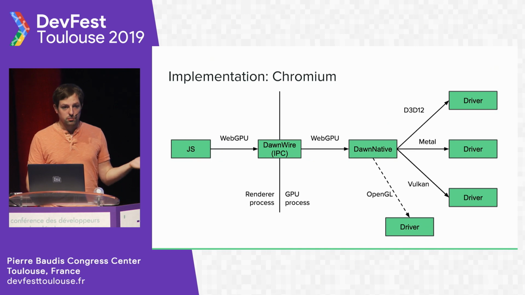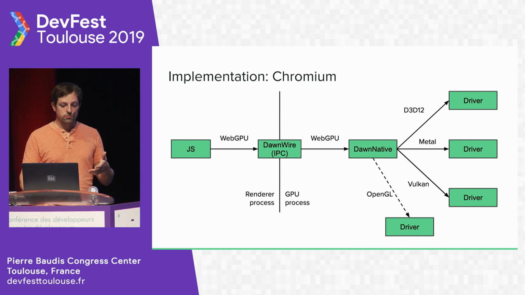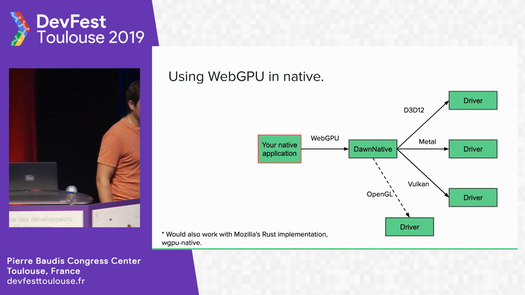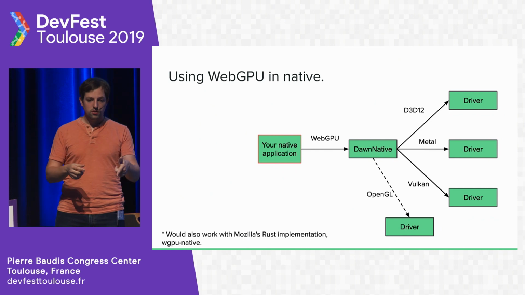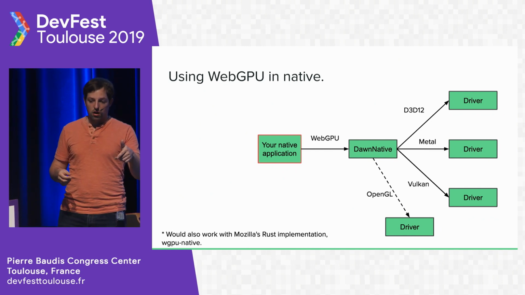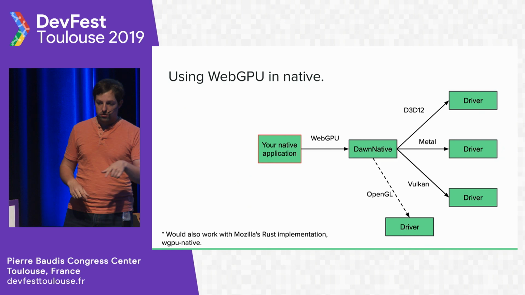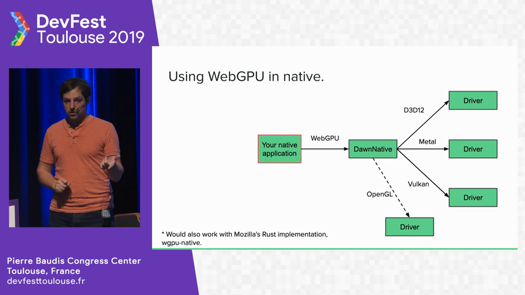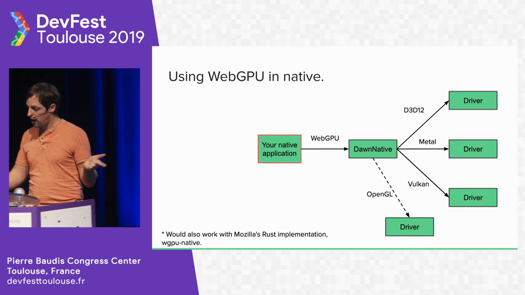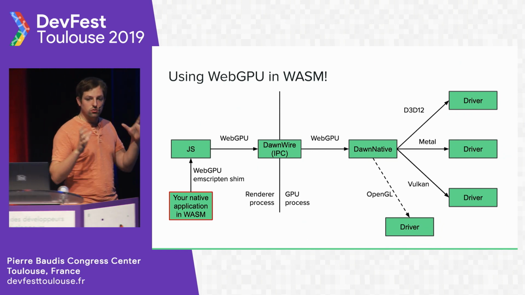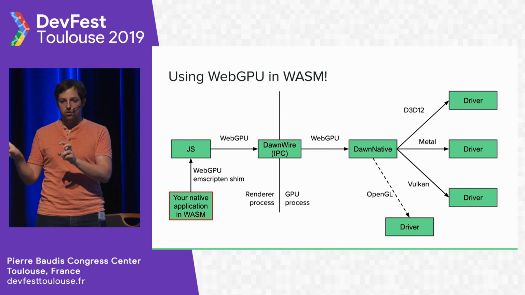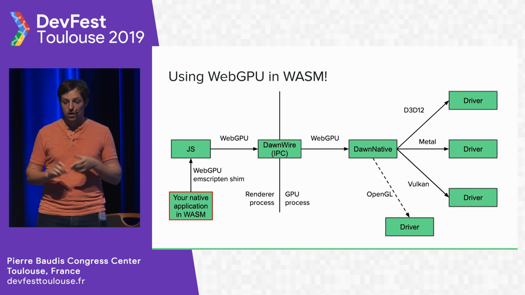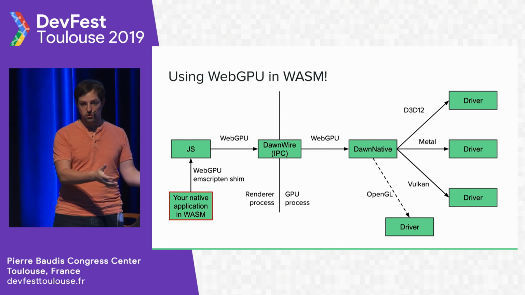So now imagine you're an application and you want to be able to use WebGPU in native. Well, you can just remove most of Chrome and put your application right on top of dawn native. So doing this, your application is portable, but also can target the web easily. Because what happens next is that when you put your application in WebAssembly, all these dawn native calls that are used are going to be translated to WebGPU JavaScript calls.